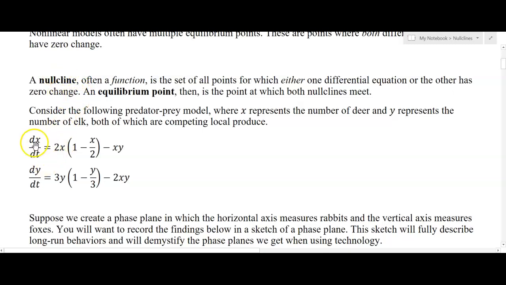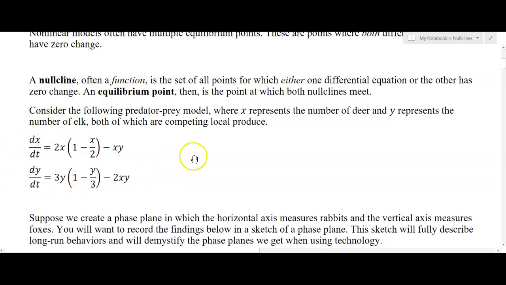Well, a nullcline is just the set of values for which only one of them is in equilibrium and the other may not necessarily be. An equilibrium point is where both of the rates are simultaneously zero. So a nullcline is where only one of the rates is zero. And any point where both of them are on a nullcline means they both have zero rates, and that by definition is then an equilibrium point.